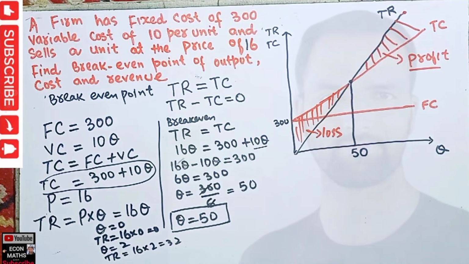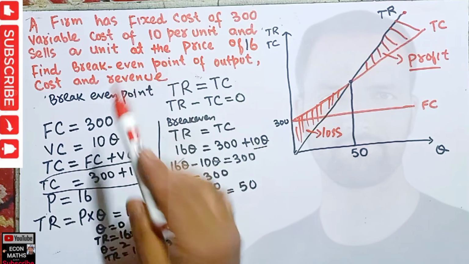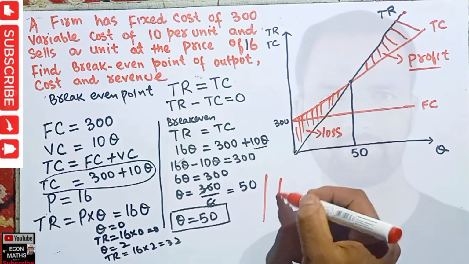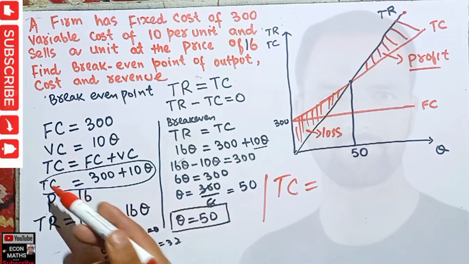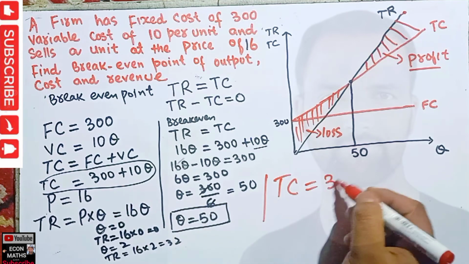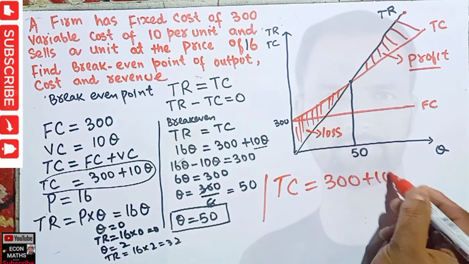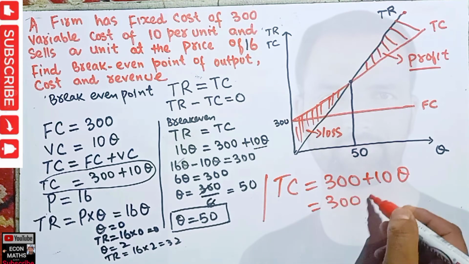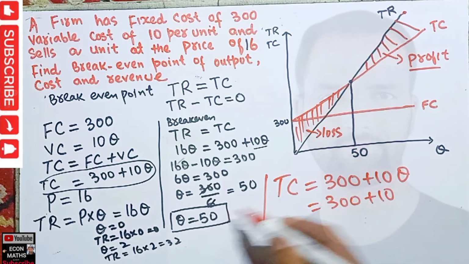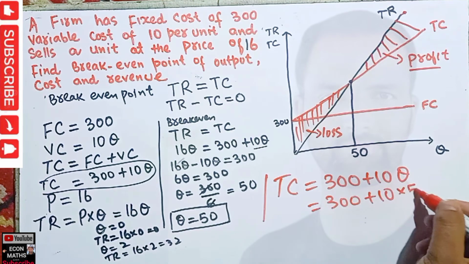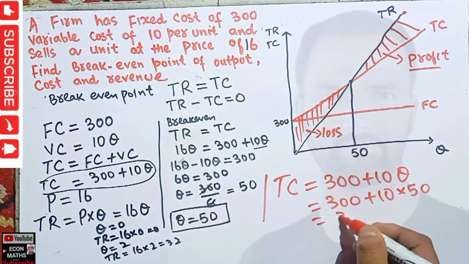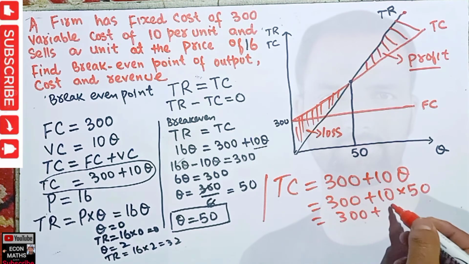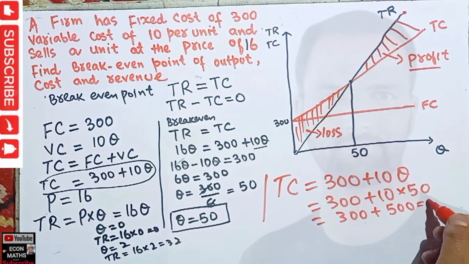And we have to find the cost and revenue. What will be our total cost? The total cost function is 300 plus 10Q, and the value of Q is 50 at break-even, so 300 plus 500 comes out to be 800.